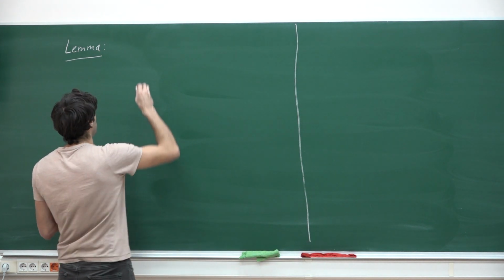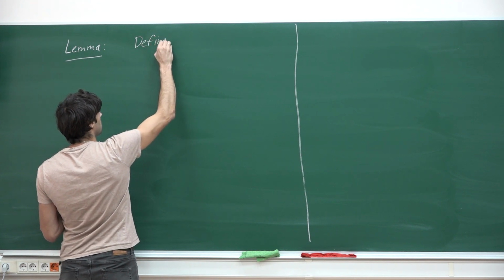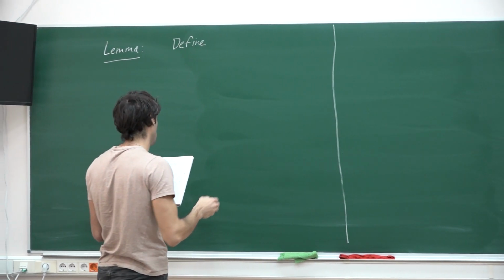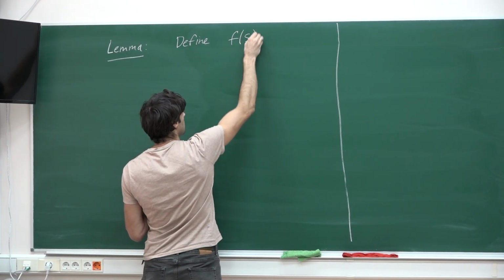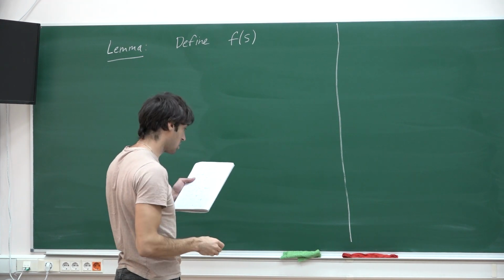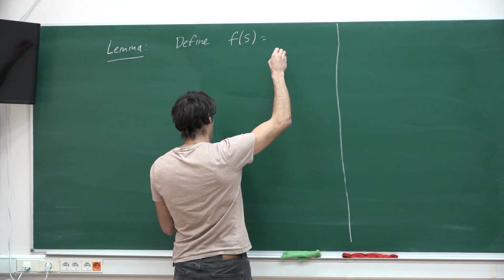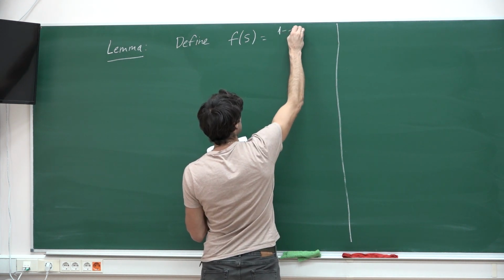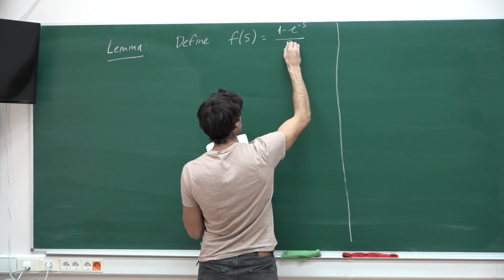So let me define the following map. I should rather consider it as a series. So it is (1 minus e to the negative s) over s.